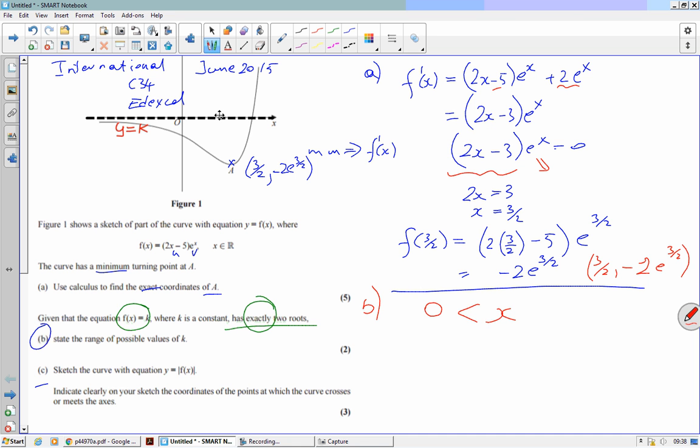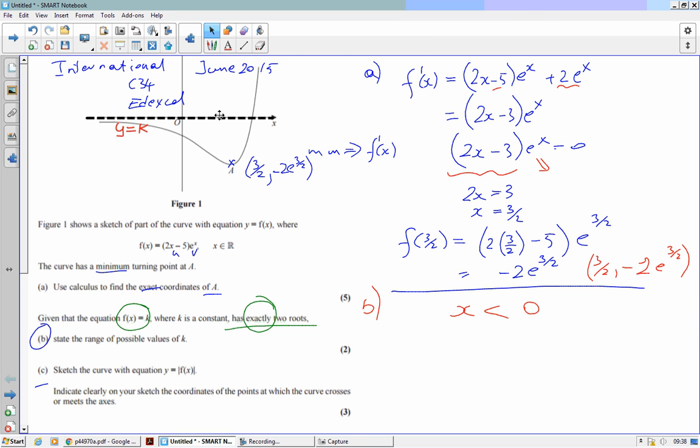Sorry, it's the wrong way around. k has got to be less than 0.